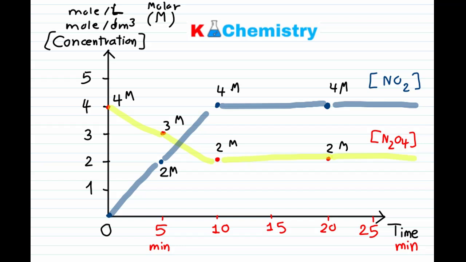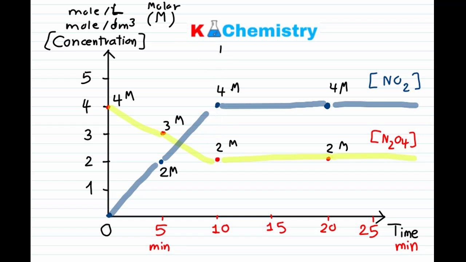So the concentration of N2O4 was 4 molar, and then after 5 minutes it decreased to 3 molar because of the decomposition, and then it decreased more to 2 molar because of the decomposition. And then I noticed that at this point, I will call this the point at which equilibrium happens. Why?